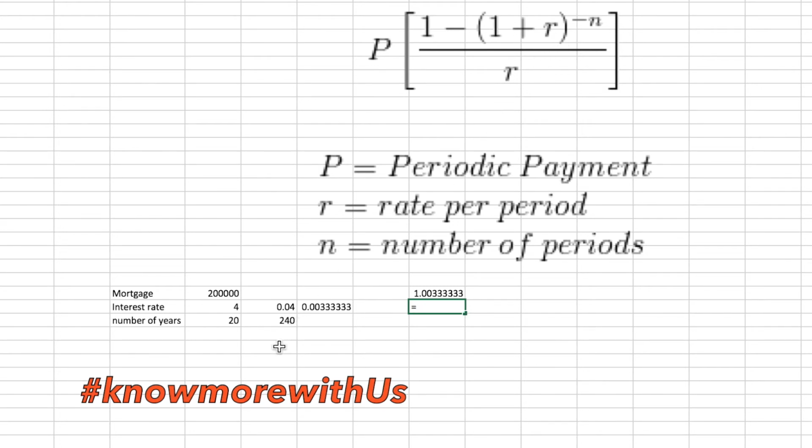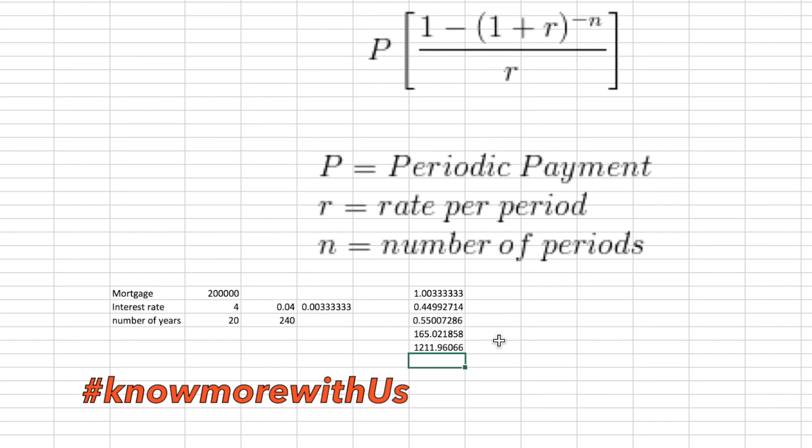If you don't know how to do that, you just divide 1 by this number to the power 240, and then you get this number, and now you have to subtract 1 from this number. So you get this number, and then you divide this number by your rate, and now you have to divide the mortgage by this number. So you have to pay $1,211 monthly to pay your mortgage.